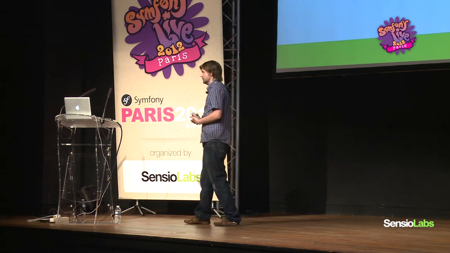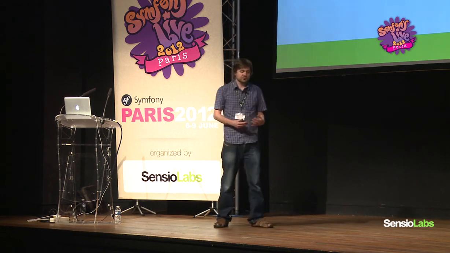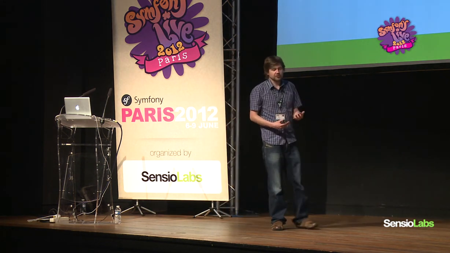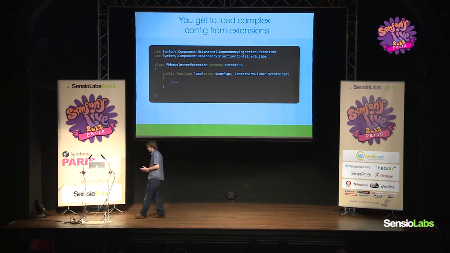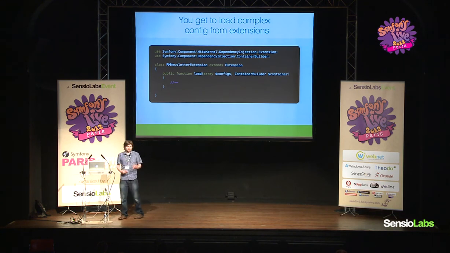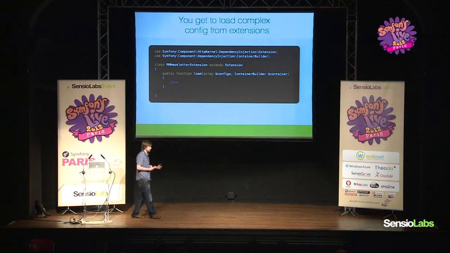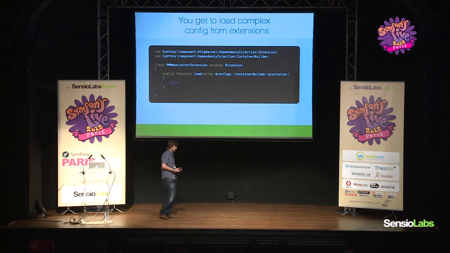And to enforce this, the container builder that's passed into this method is not the one that has some of the other configuration loaded, depending on which other extensions have already been processed. It's a fresh container builder. It contains none of this configuration already. So you can do all sorts of complicated stuff to add to it, but what you can't do is manipulate any of the configuration that's already in it at this stage.